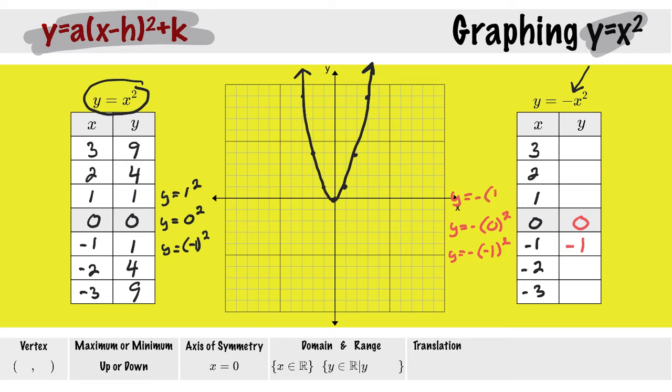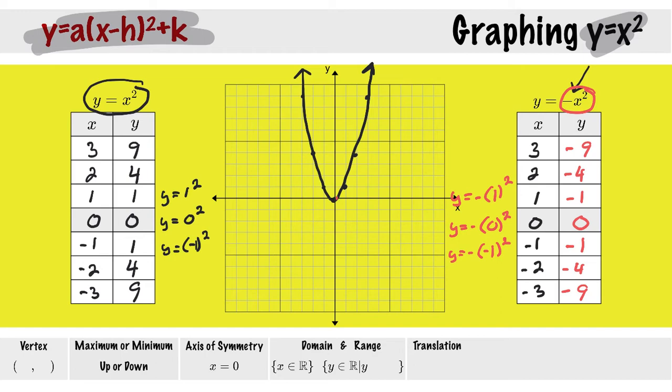Negative 1 squared is also negative 1. Hopefully you can now see that the values will be the same as before, only with a negative value up front because of how the equation is written.